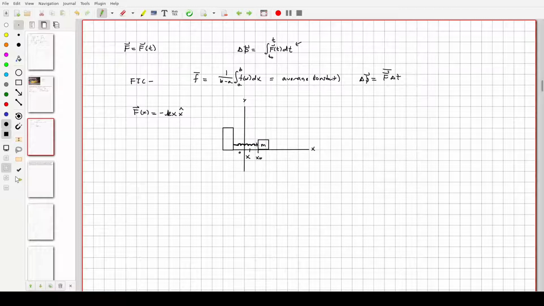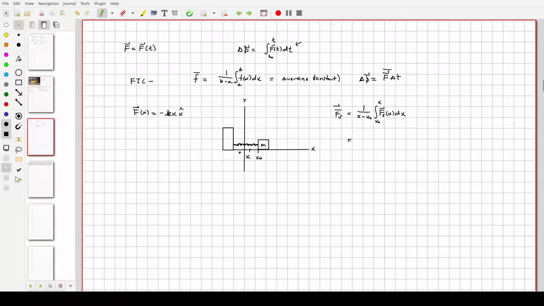So to find the average spring force, you would integrate it from x naught to x, and following the fundamental theorem of calculus, divide by x minus x naught. This should give us the average.